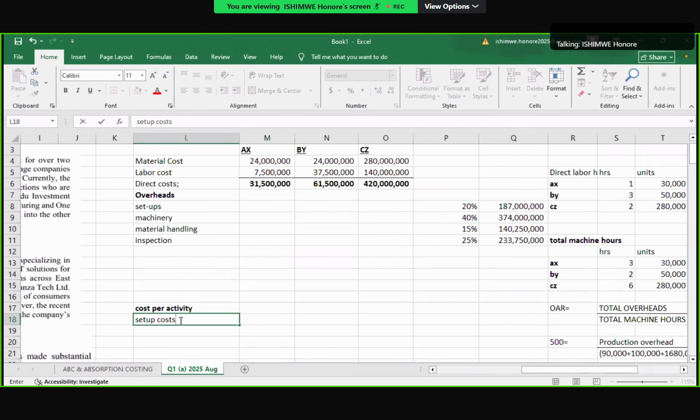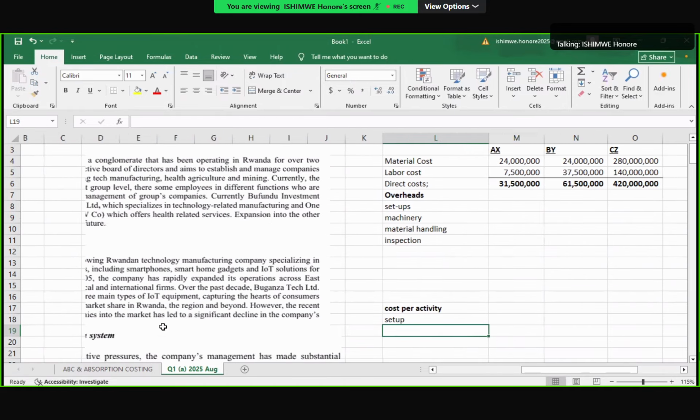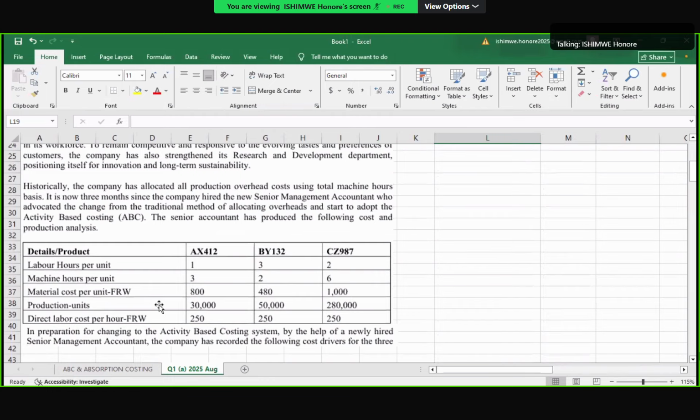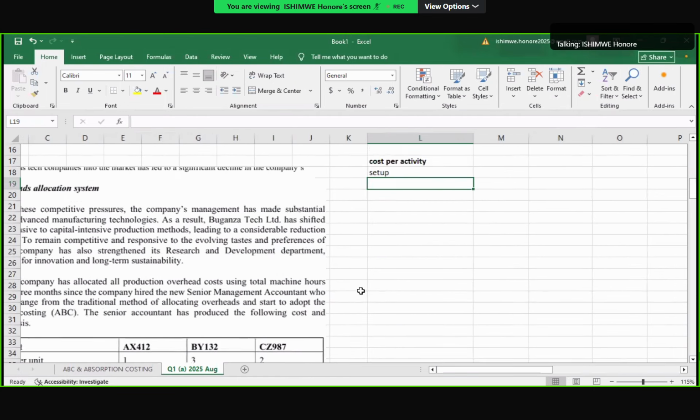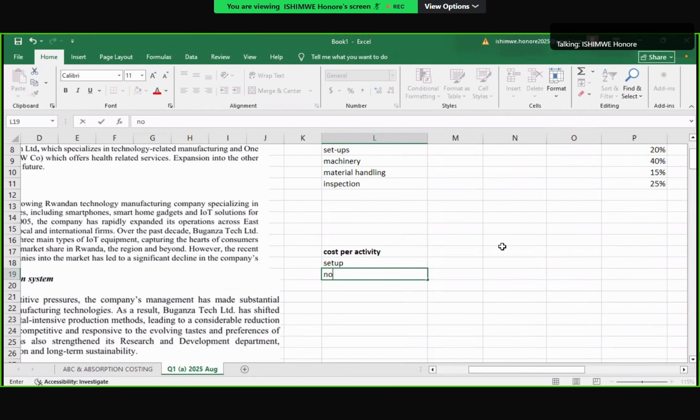Setup cost. Setup, I go to the activity, number of setups. It is 100 in AX, 170 in BY, CZ is 700. No of setups.